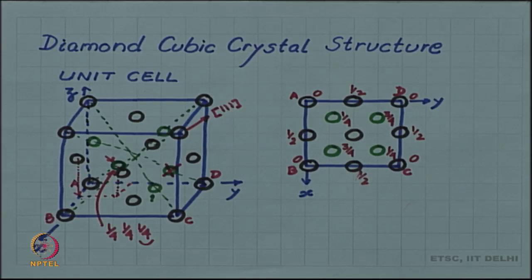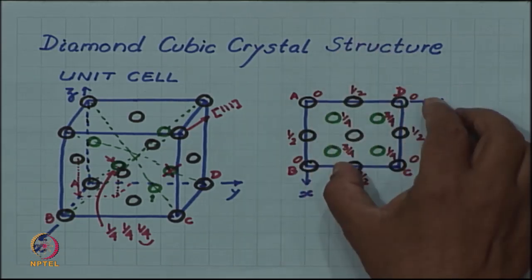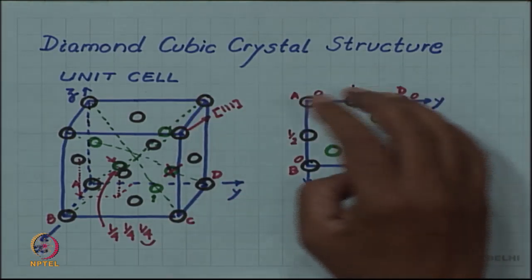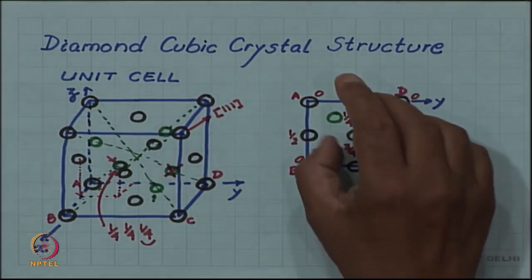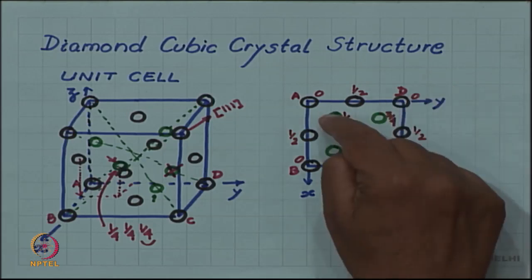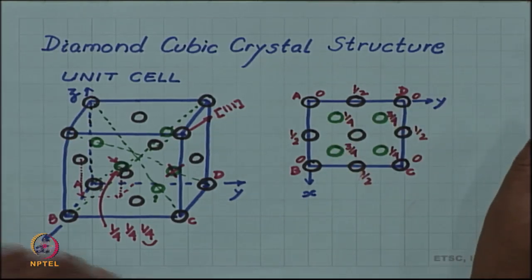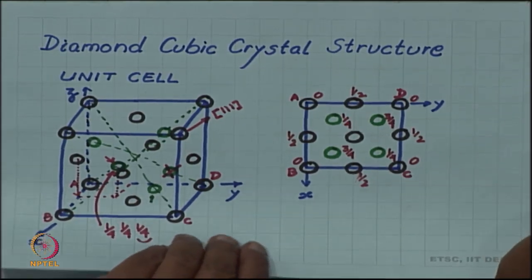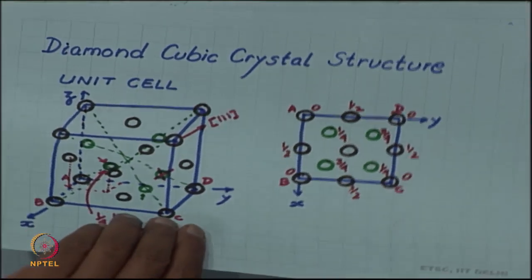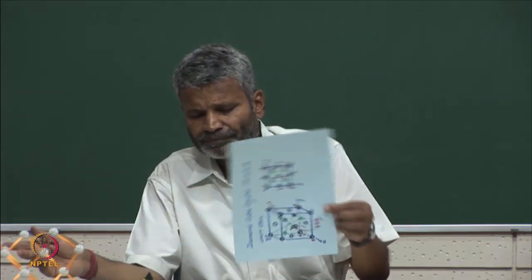Both are giving you exactly the same information, that the diamond cubic unit cell is a cubic unit cell with atoms at the corners and the atoms at the face centers and 4 atoms located appropriately, one each on the 4 body diagonals. So, that completes the description of the unit cell.